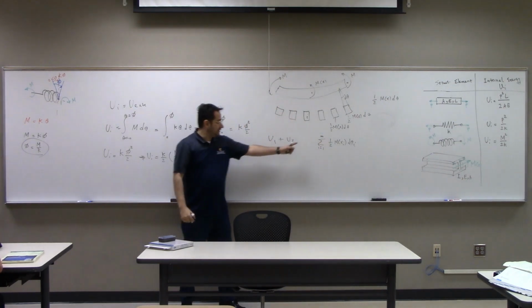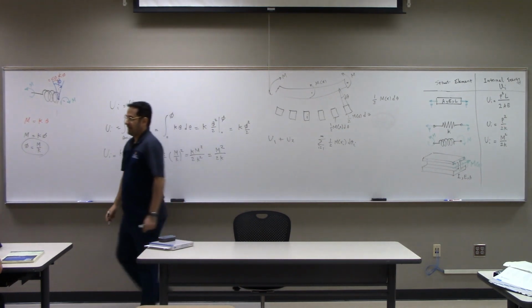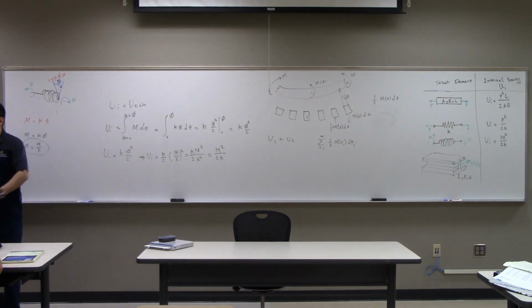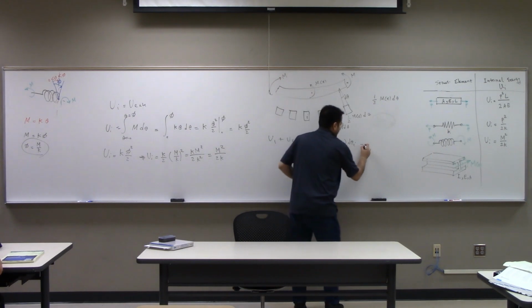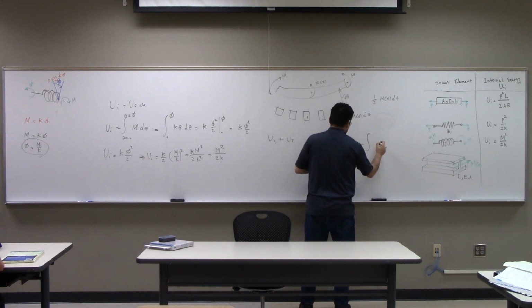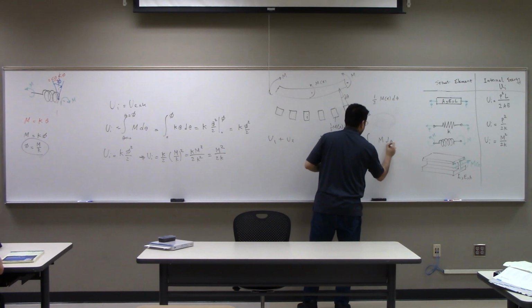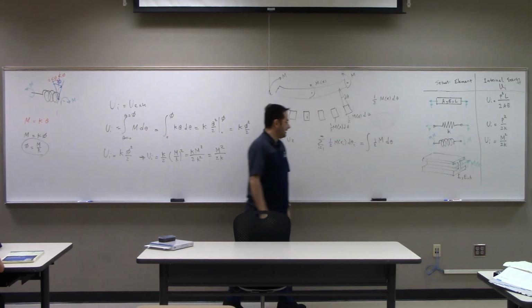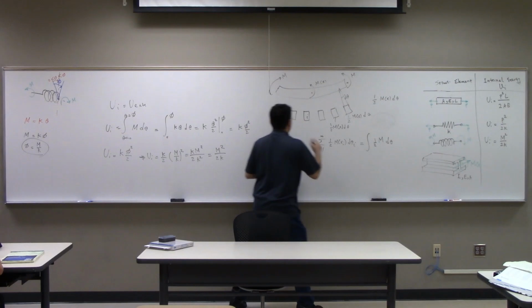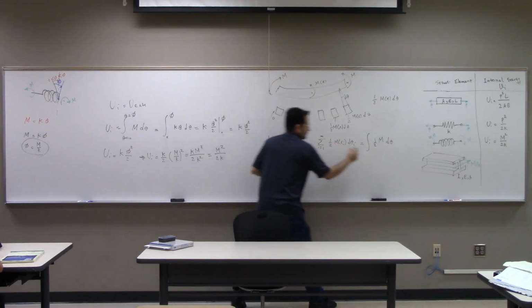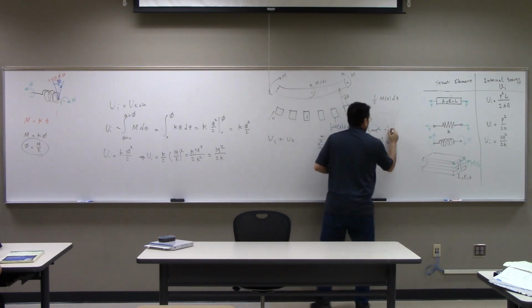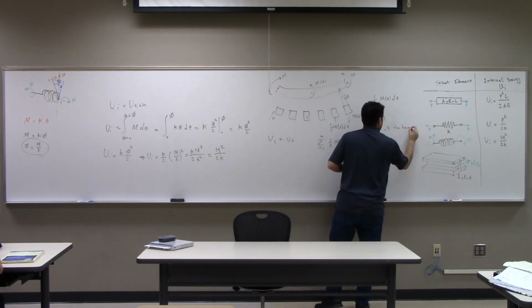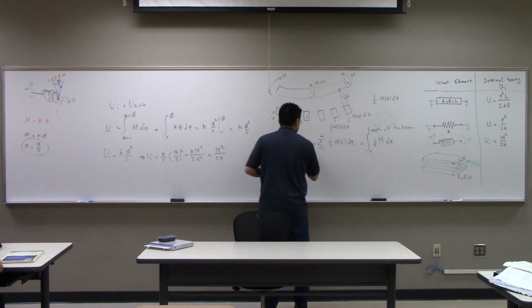So what do you think this summation should convert to at the limit when i goes to infinity? Integrate. So this becomes the integral of half of m d theta, from 0 to the entire length of the beam. So that's my internal energy.